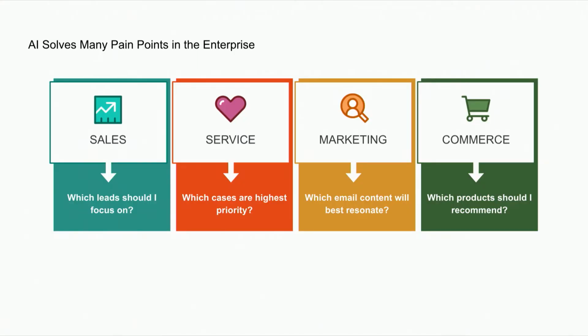When we think of Einstein at Salesforce, it can be pretty confusing because so many different things come with the term Einstein. So to break it down, there's 3 different phases you can think about. The first one would be questions that a lot of different customers have expressed. That would be like the same industry in sales, let's say. Many customers want to know which leads they should focus on.